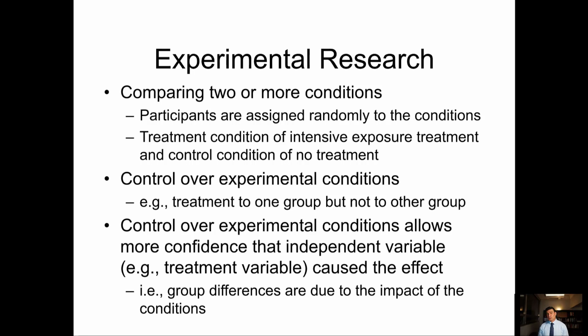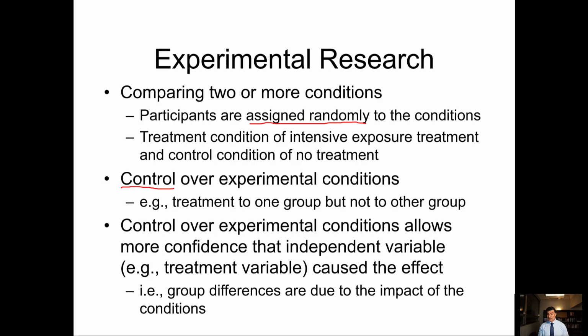So experimental research, on the other hand, is when we have a lot of control over our experimental conditions. Usually we're comparing 2 conditions, an intervention versus a control group, or there could be more interventions we're comparing, but we're randomly assigning people to one of those conditions. So that random assignment, we'll get into more detail of what random assignment means.